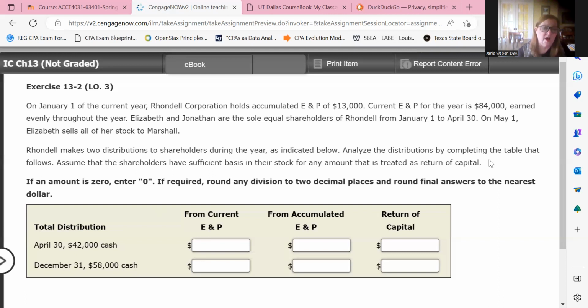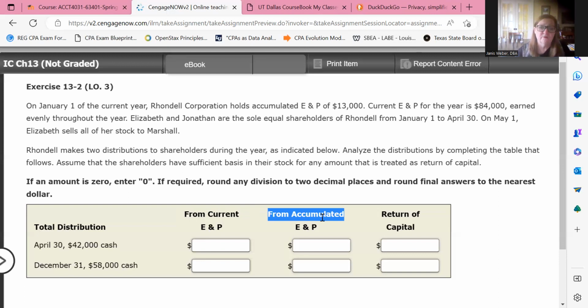Okay, so what we've got is current E&P. They're telling us this is 84,000. And we've got accumulated E&P, and they told us that was 13,000. Okay, so a distribution made on April 30th for $42,000. We have to figure out how much of it is going to be considered from current E&P and how much is from accumulated E&P.